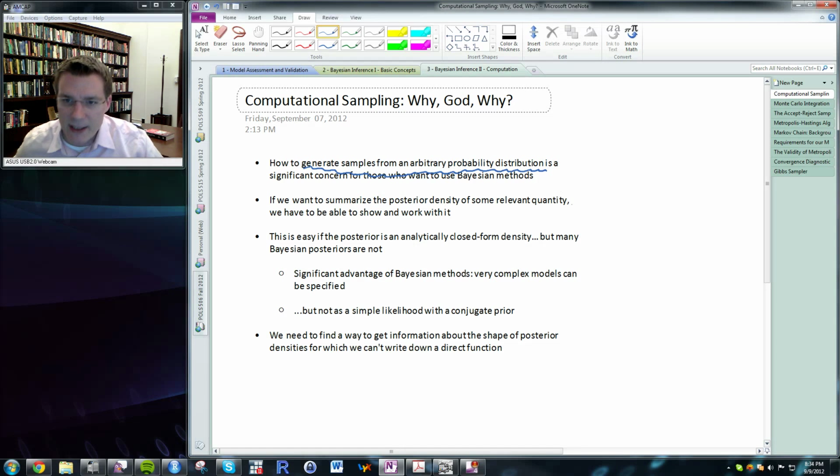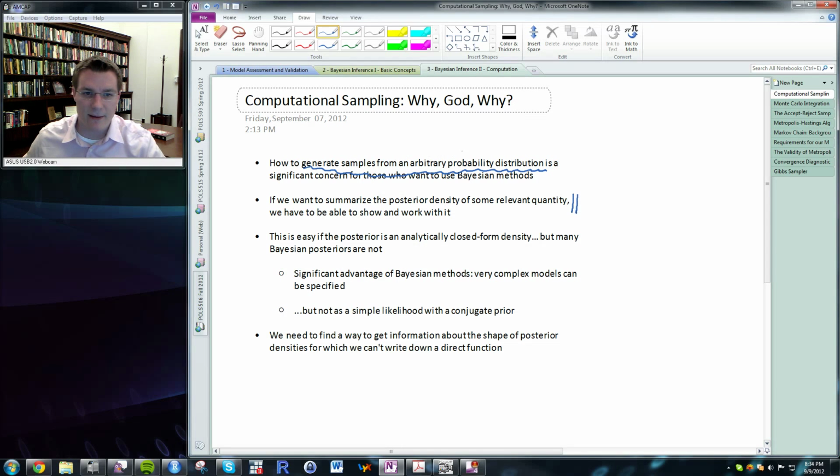As long as we can take samples from that posterior, we can compute the quantities we're interested in: we can show joint and marginal probability density distributions, we can compute credible intervals, all kinds of stuff. But we need to be able to draw samples out of an arbitrary distribution.